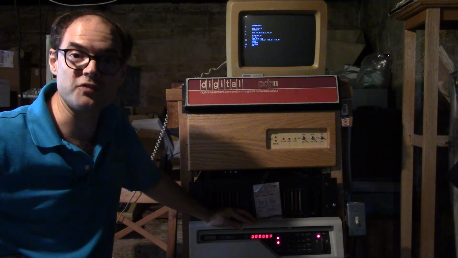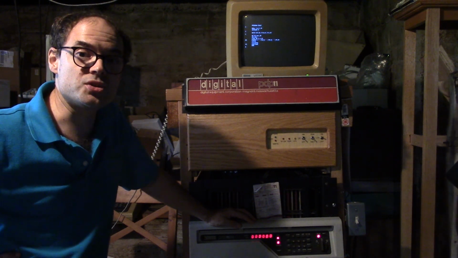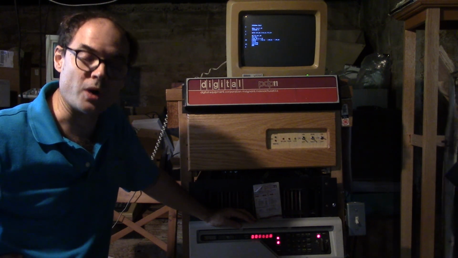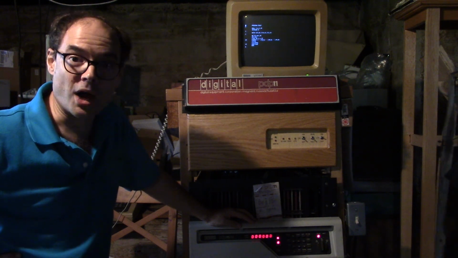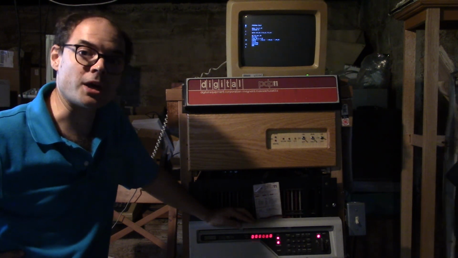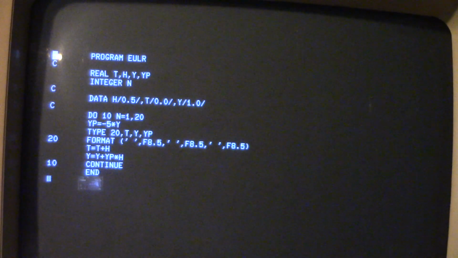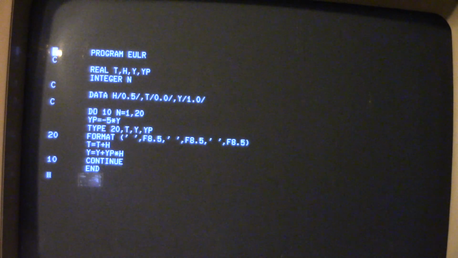I have this computer here, this PDP-11/34. It will do just fine. So let's use it to simulate the solution to Euler's method for y prime is equal to minus 5y with y of 0 equal to 1. I've written a small Fortran program that we can run on the computer and have it compute for us. Okay, there's the program.